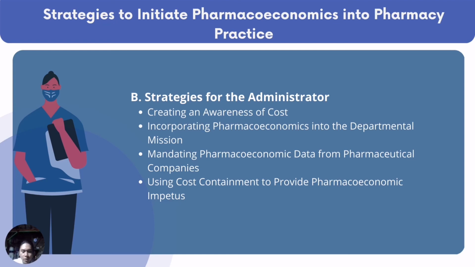And lastly, we have using cost containment to provide pharmacoeconomics. Although cost containment strategies are not synonymous with pharmacoeconomics, they can provide a stimulus to incorporate pharmacoeconomics into a pharmacy department.